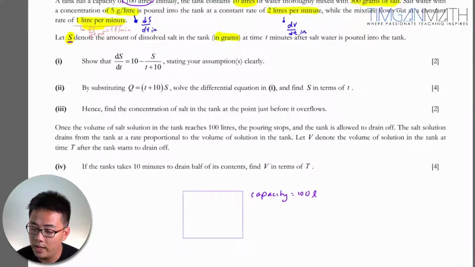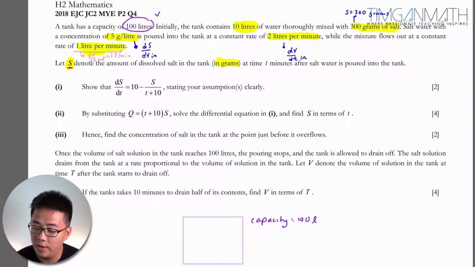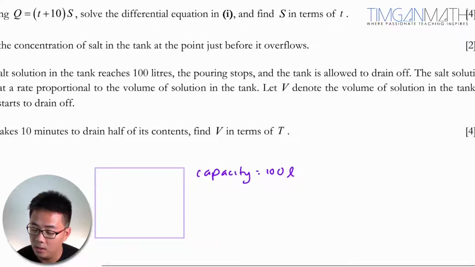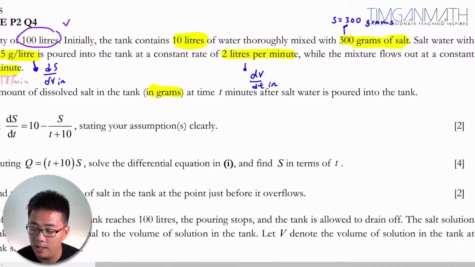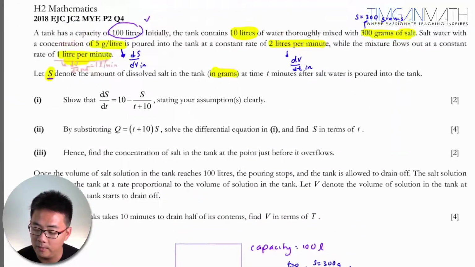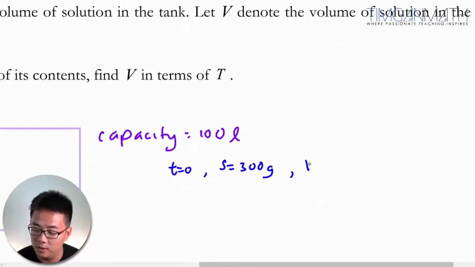So we have salt at 300 grams, and the tank contains 10 liters of water. So at time t equals 0, I know that my S is 300 grams and my volume of water is 10 liters.